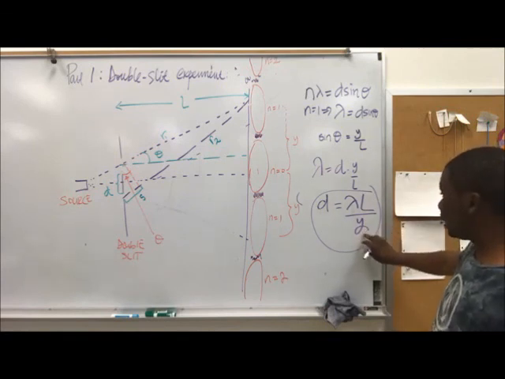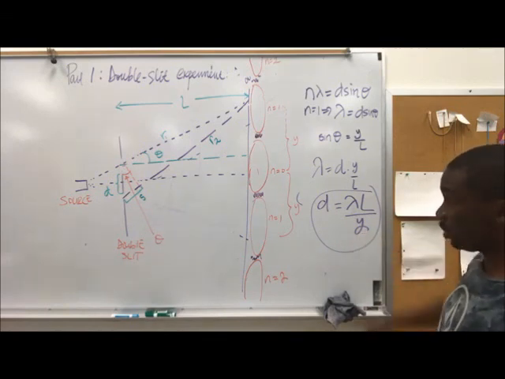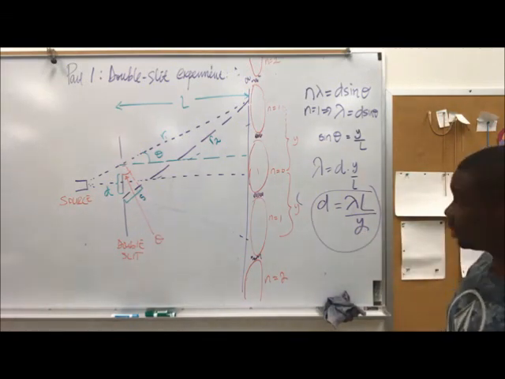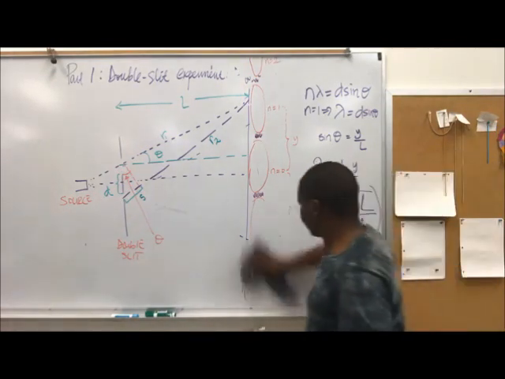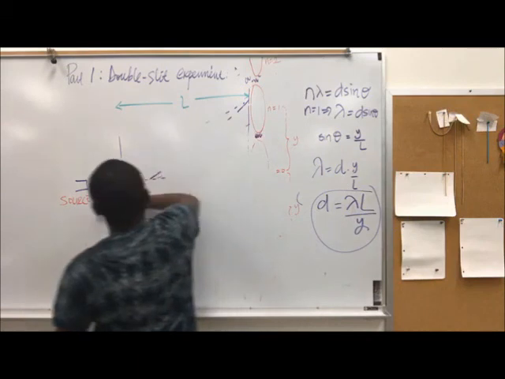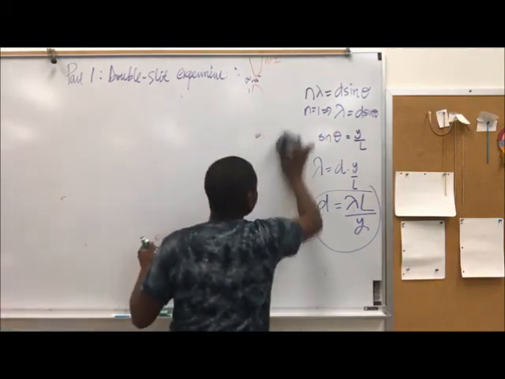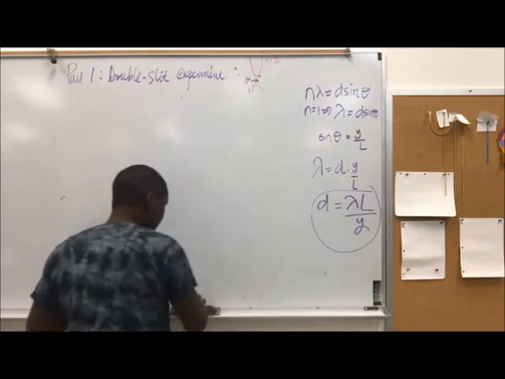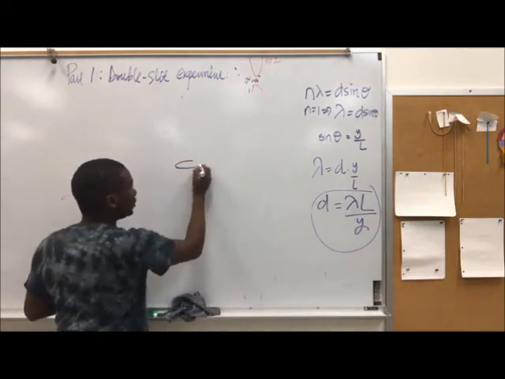I want to lay a small bit of emphasis on y. So I'm going to erase this drawing and talk a little bit more about y. Usually on the screen, this is what you get.